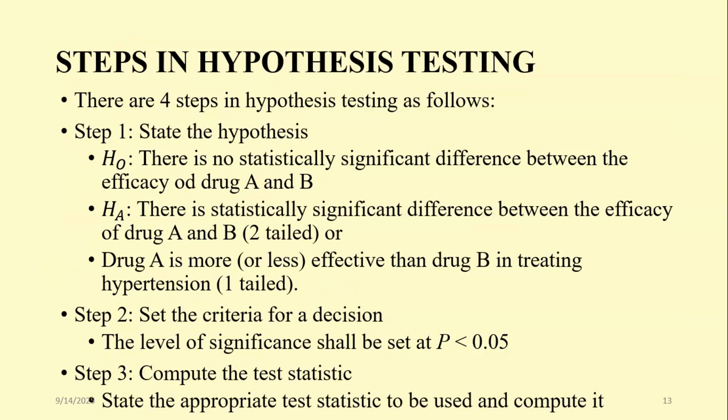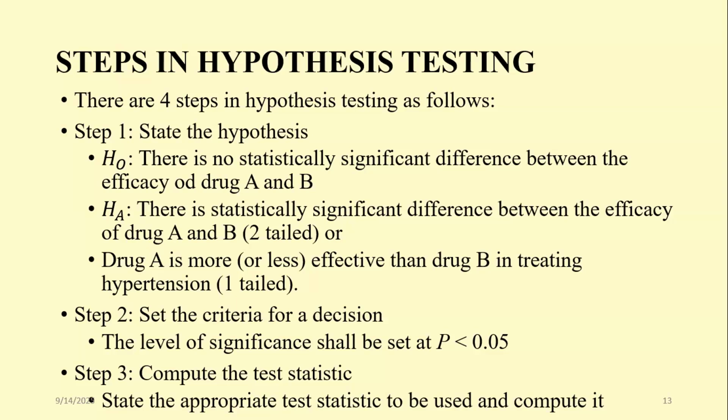What are the different steps that are involved in hypothesis testing? There are 4 steps in hypothesis testing. Step number 1 is what? You have to state your null hypothesis. This, you must have done in your proposal. In your proposal, you must have stated all your null hypothesis and alternate hypothesis.